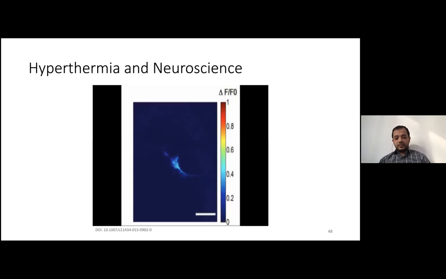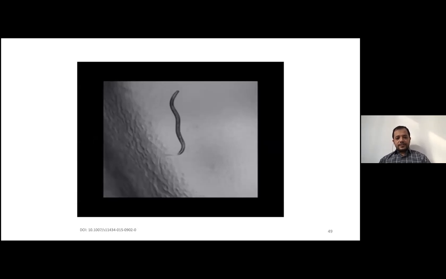So this is super exciting. This is another example. This is a worm. As soon as they turn on the field, the neurons start to fire, so the worm starts to walk in the opposite direction, right? So when they turn on the field, the worm again walks in the opposite direction.